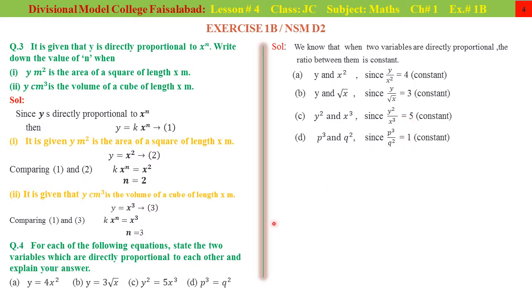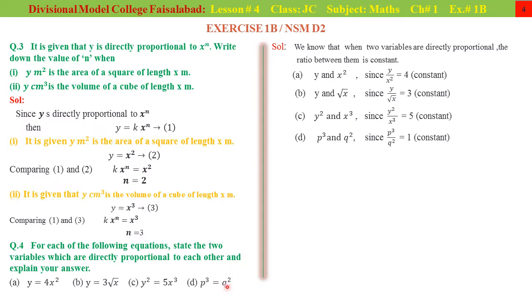And in part D, p cube is equal to q square. P cube and q square are two variables which are directly proportional, because the ratio between p cube and q square is equal to 1. When you divide both sides by q square, you get p cube over q square equal to q square over q square.